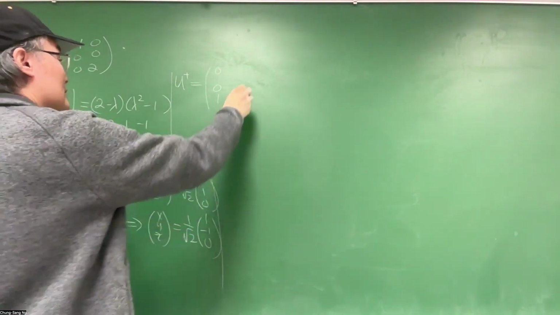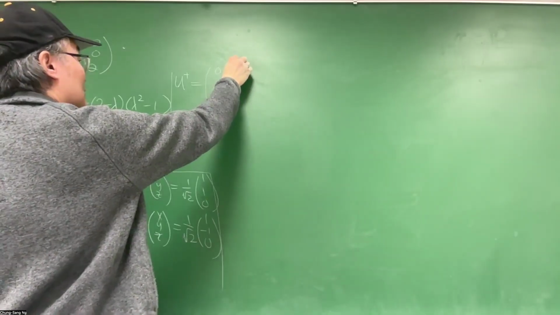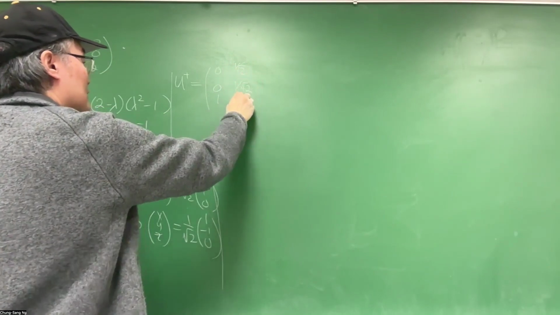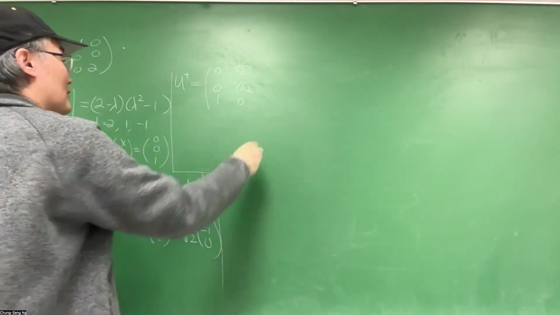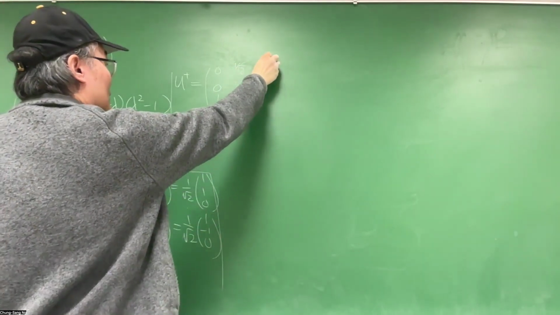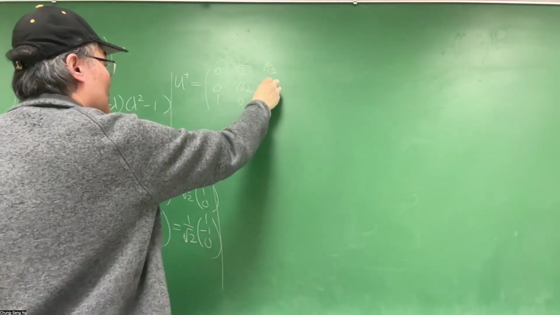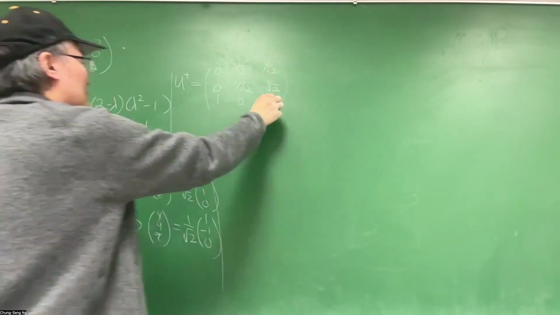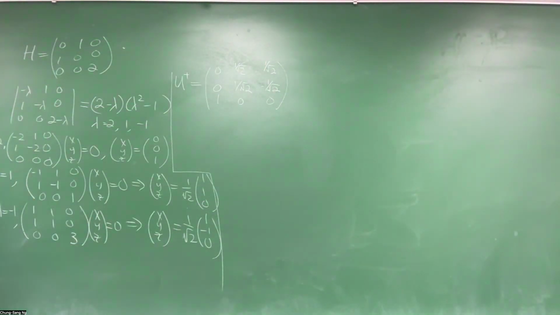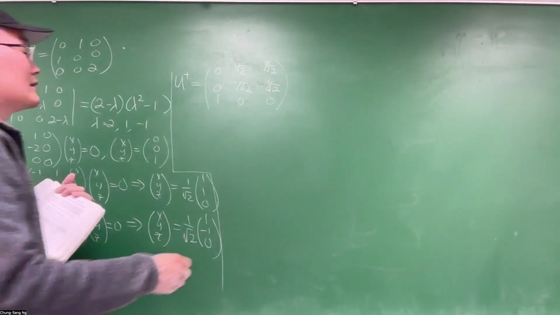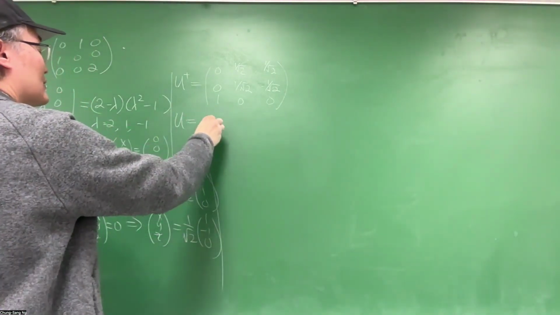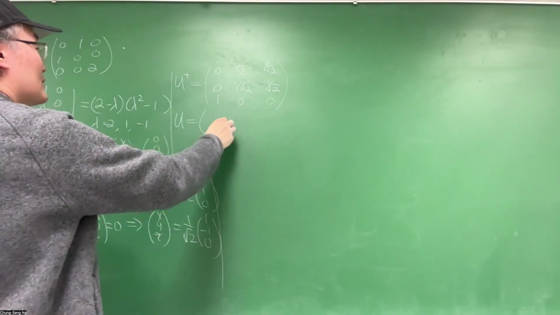The second one is 1 over square root of 2, 1 over square root of 2, 0. And the third column is 1 over square root of 2, minus 1 over square root of 2, 0. Okay, is that okay? So this is your U dagger, right? And then once you have U dagger, U is just the complex conjugate of the transpose.